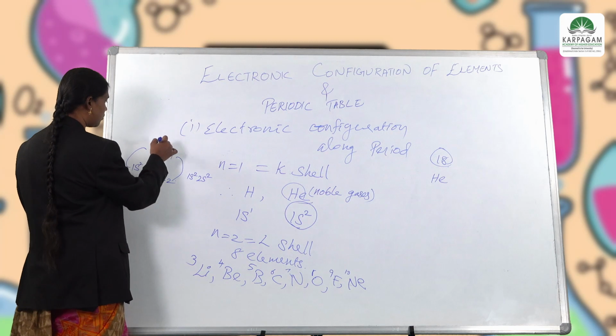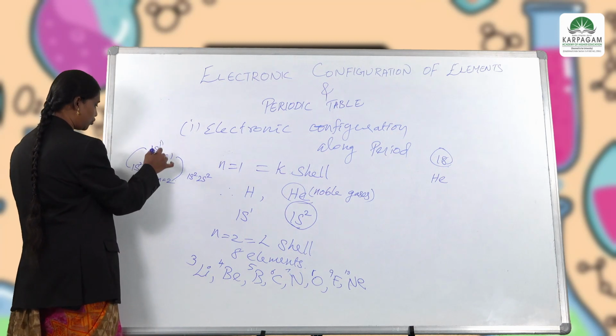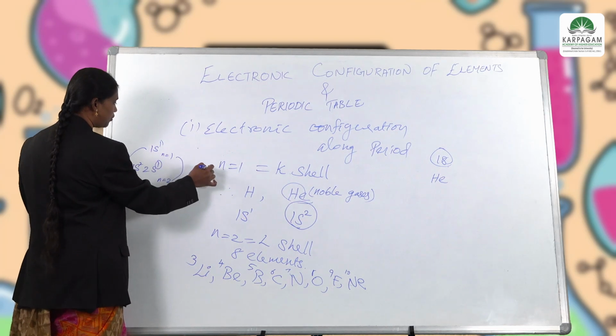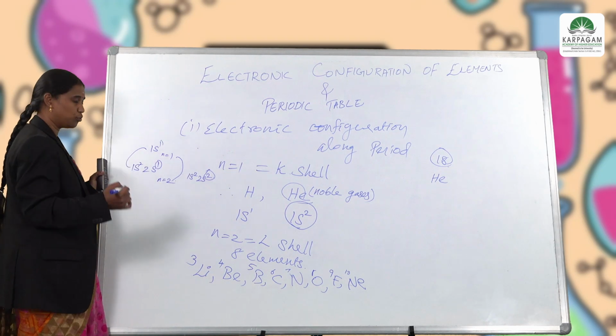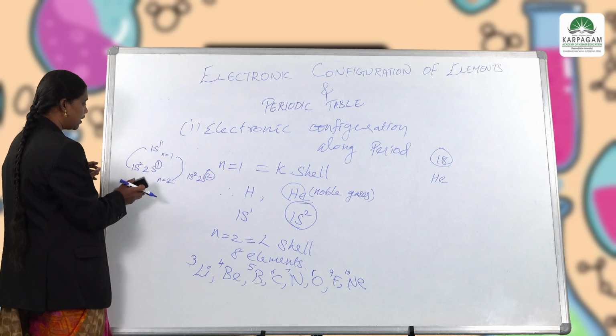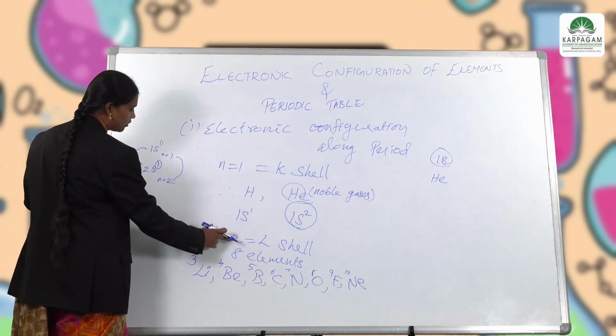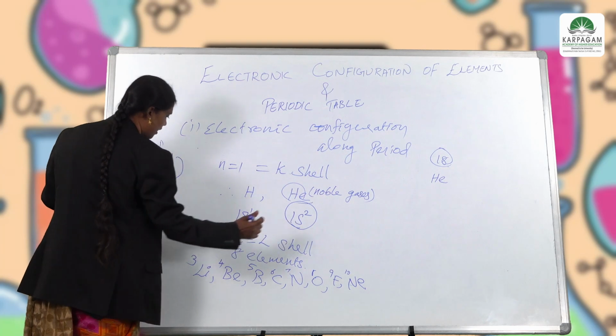The first group is filled with s1 electrons, and group 2 is in s2 filling. So n equal to 2 is filled in the L shell.